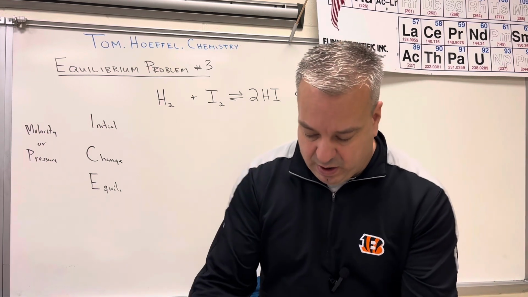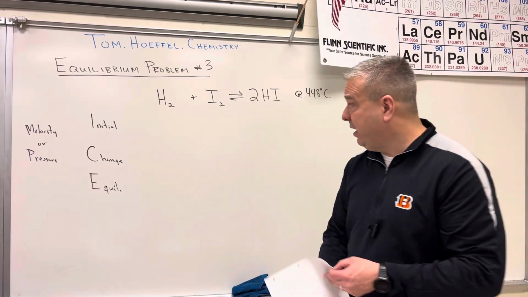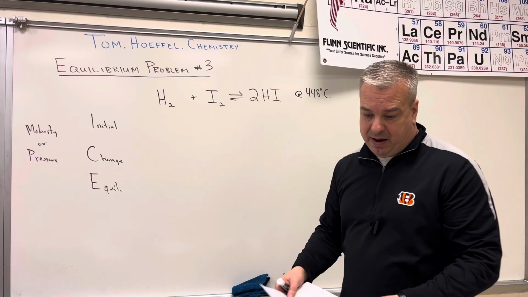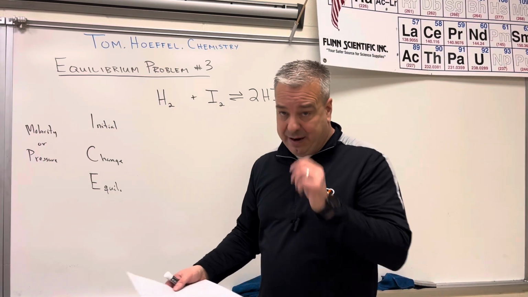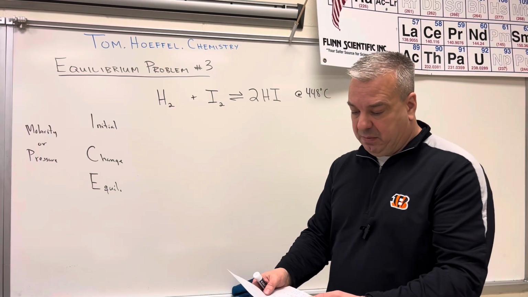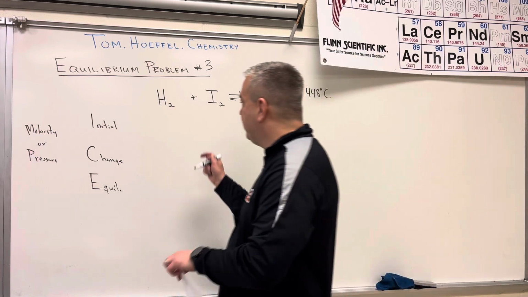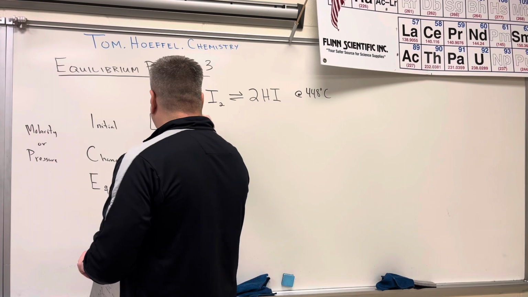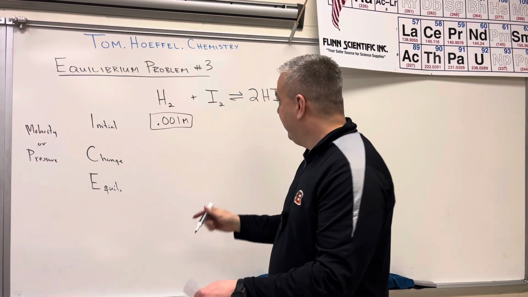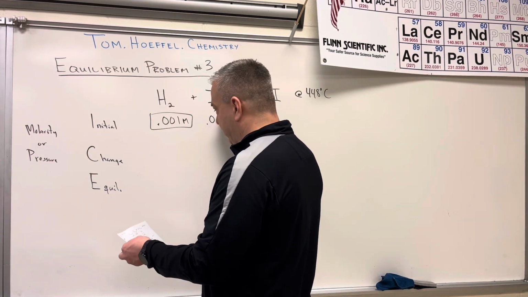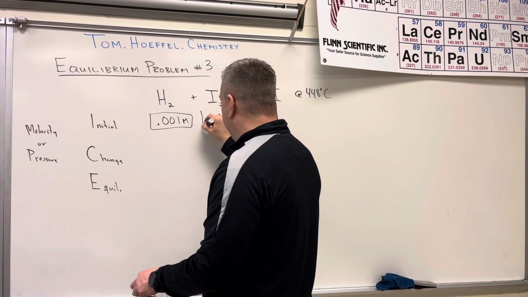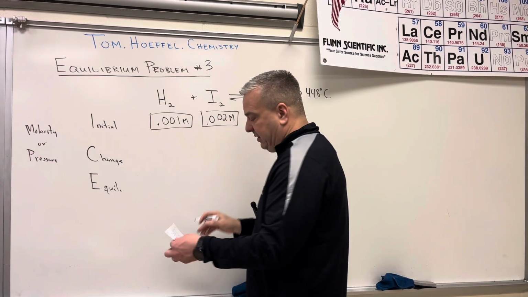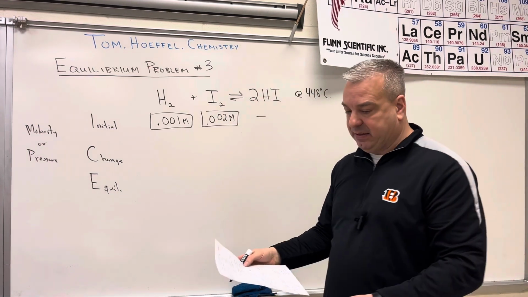So when we put that into the calculator, the moles divided by the volume, a 5-liter container, we get the molarity of the hydrogen as 0.001 molarity, and that's one of our givens. And the iodine is going to be 0.002 molarity. And it doesn't tell us anything about the hydroiodic acid.